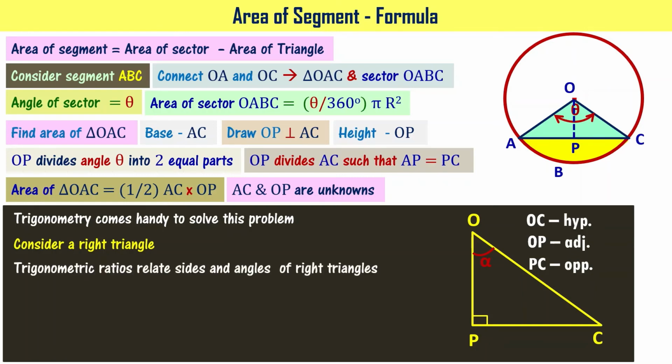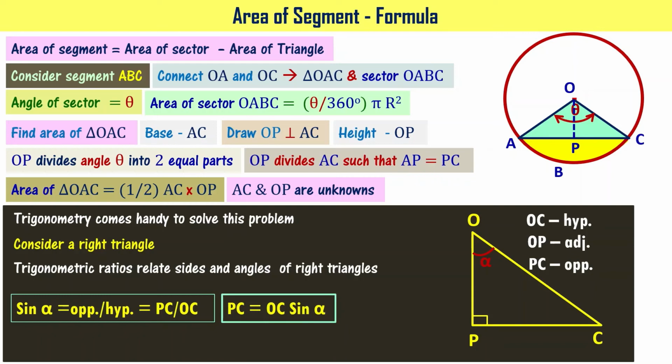We know that trigonometric ratios relate sides and angles of right triangles, right? So sin alpha can be written as opposite side divided by hypotenuse, that is equal to PC by OC, right? It means PC can be written as OC times sin alpha. Let's take a note of this particular formula for our original triangle.